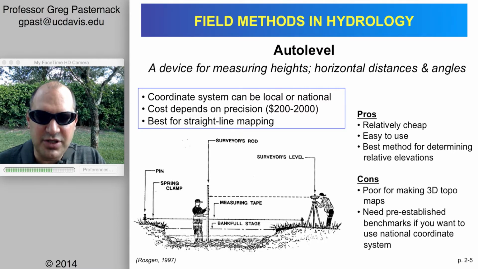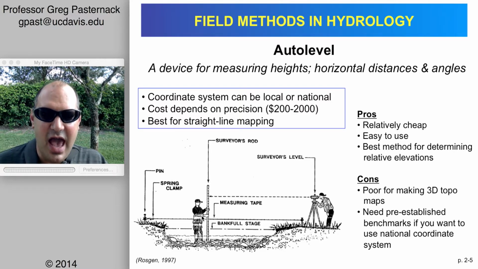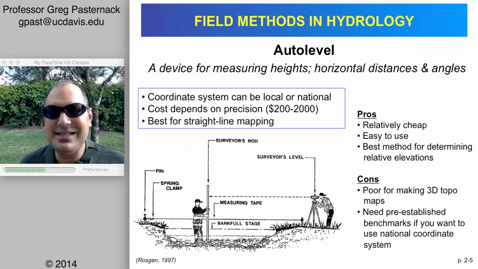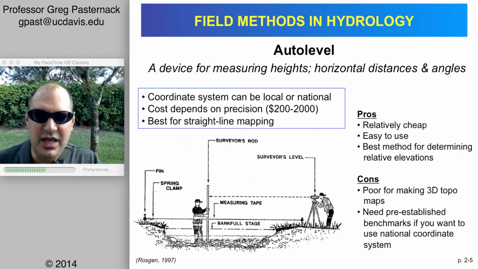Then you have another person come along, and this is going to be the rod person. And in many ways, the rod person is the one who has to do the intelligent thinking to decide what to do. Now, in this one example, this is showing measuring a channel cross-section, but it doesn't have to be. Usually, you could use an auto level very easily to measure a two-dimensional profile, such as this cross-section of a river, but it could be the slope down a hillside, for example, or the slope of a road.